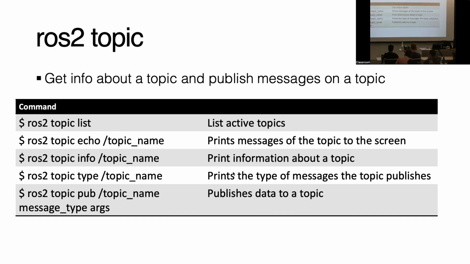And if you want to directly send data to a topic, you can do that from the command line. You don't need to write a little program to do it. You can just publish some data to a topic. You need to make sure that your message type and args are correct for that topic.